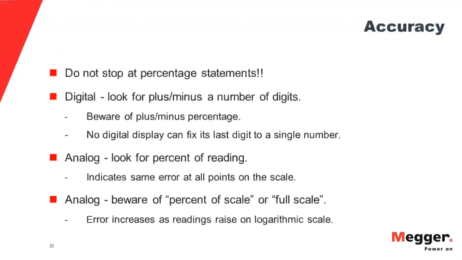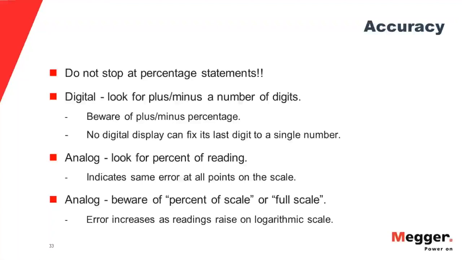Accuracy. The main thing here to look at is 2 points. Make sure that the number of digits is included in the accuracy statement. You will see accuracy statements like plus minus 2%, plus minus 2 digits. No digital instrument can fix the last digit on the scale.